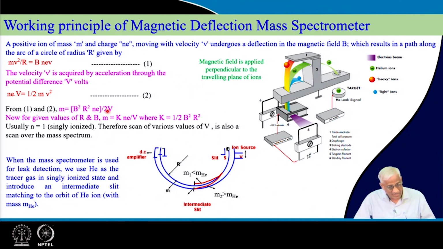So, if you scan, all the entire thing is constant for a particular B, particular R, particular charge, these are constant. So, you can say the voltage is inversely proportional to the mass. So, if you keep on scanning V, you can get mass spectrum, and if you lock it to helium, you will get leak detection. This is the principle of helium leak detector used as leak detector, and if you do scanning, it is variable voltage.